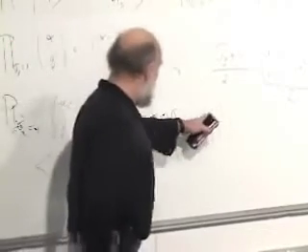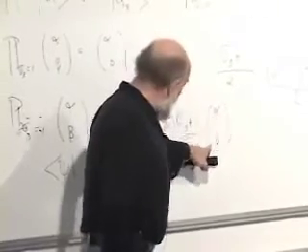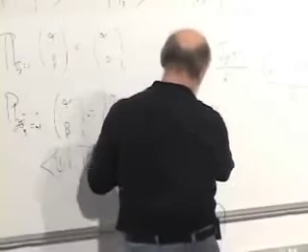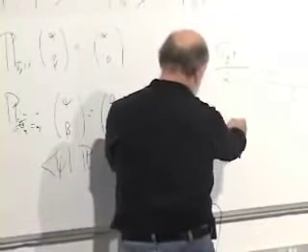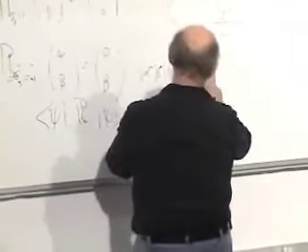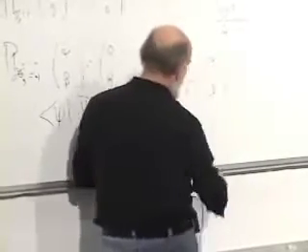What do we get? Well, what does sigma 3 do on this vector? It multiplies the alpha by 1 and the beta by minus 1. So when sigma 3 plus 1 divided by 2 acts on this vector, it just gives something simple. Sigma 3 plus 1 divided by 2 gives plus 1 on alpha.